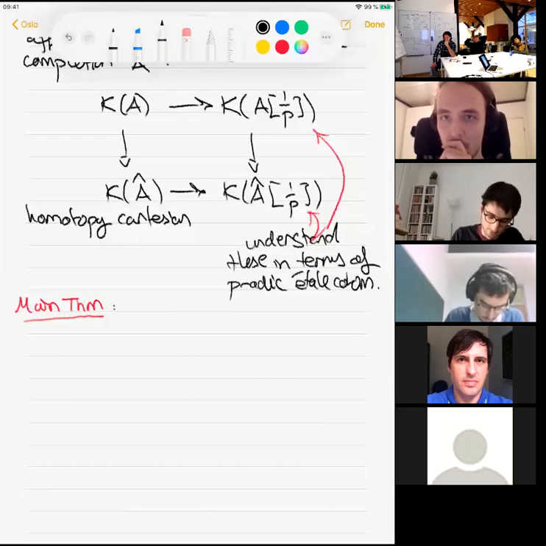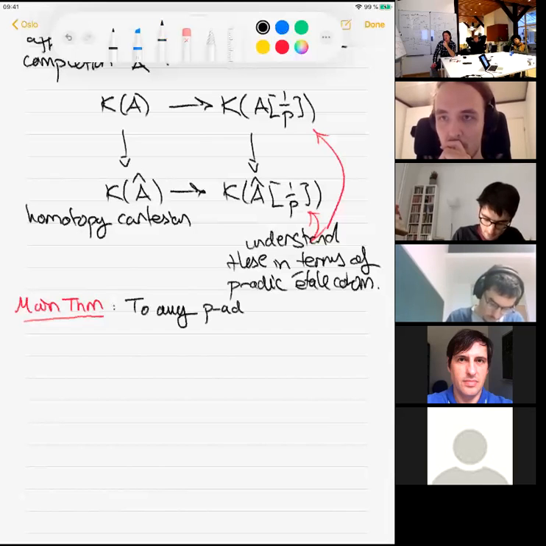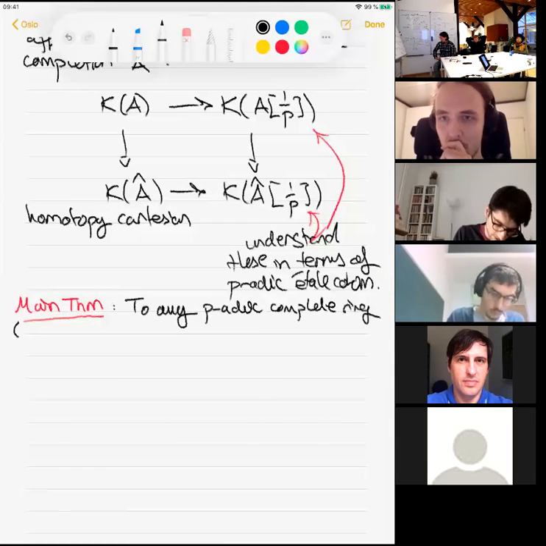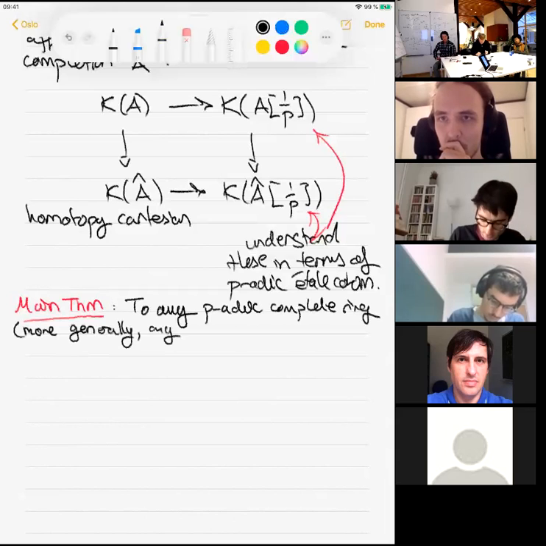So to any p-adically complete ring, more generally, I mean, this is really the natural degree of generality in which to work, in fact. You should take some derived p-complete simplicial ring.